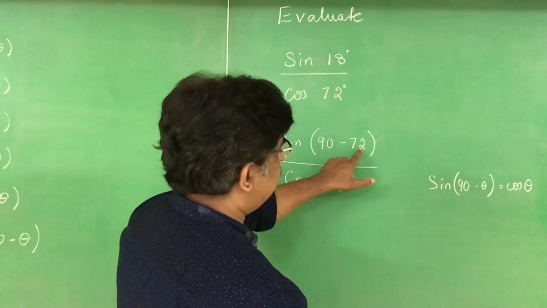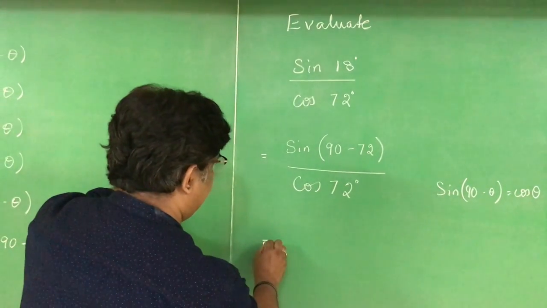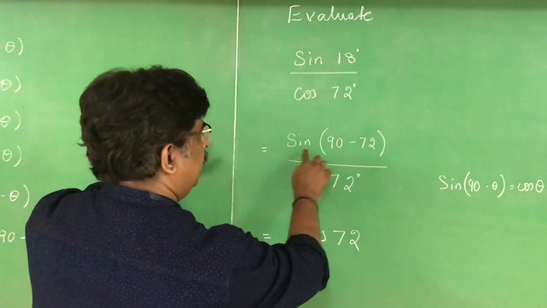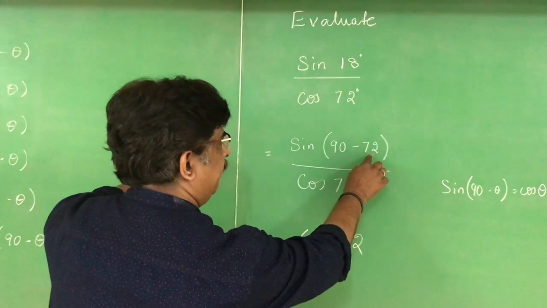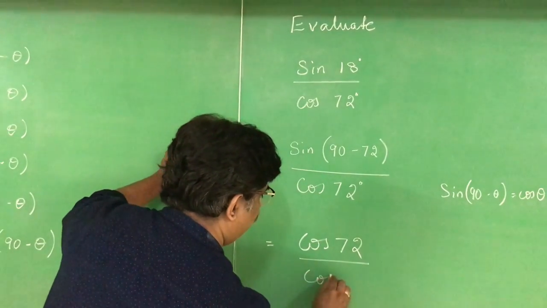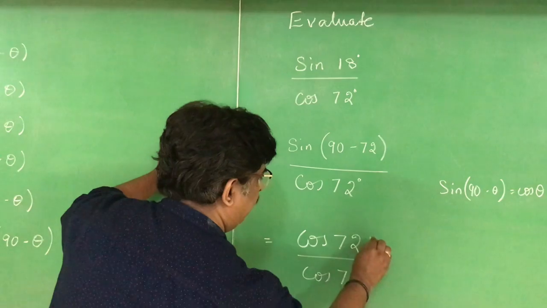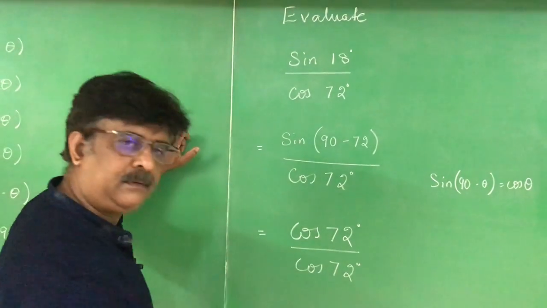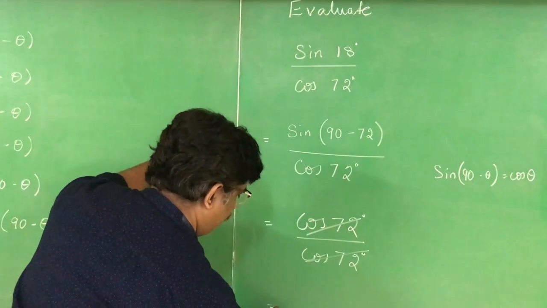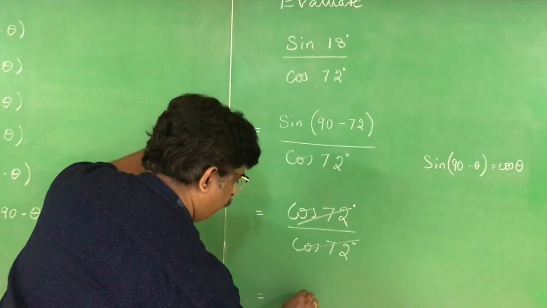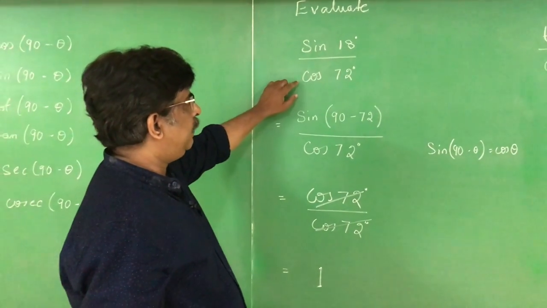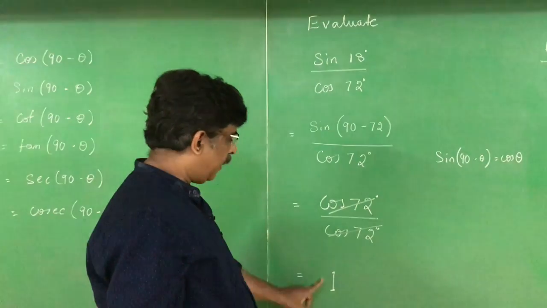Here theta is 72, so the numerator becomes cos 72, divided by cos 72. Both are the same, so I can cancel. The value of sin 18 divided by cos 72 is 1.